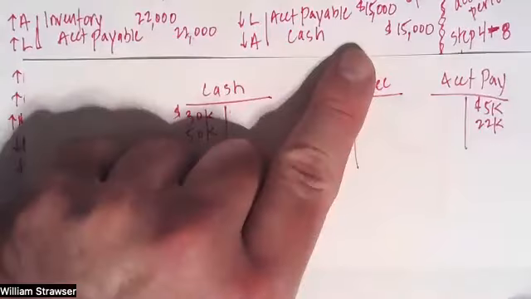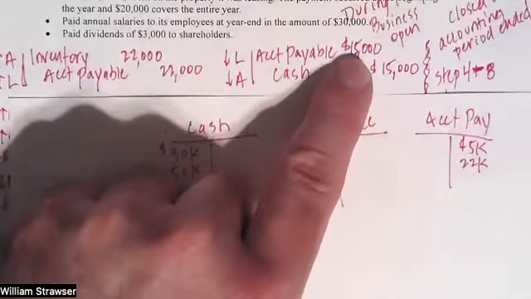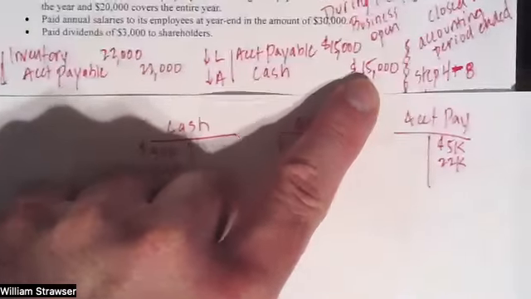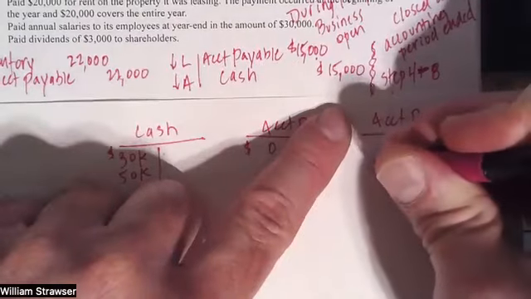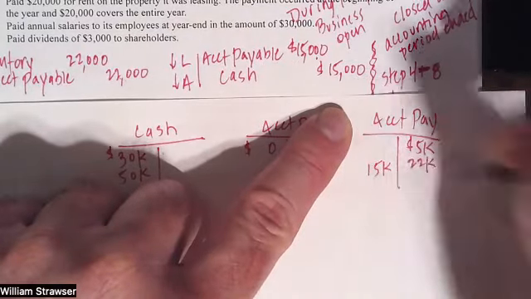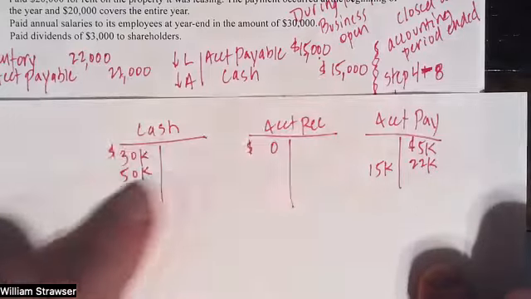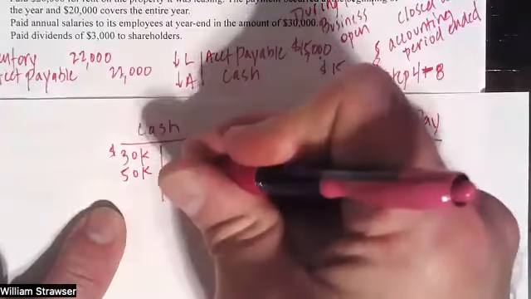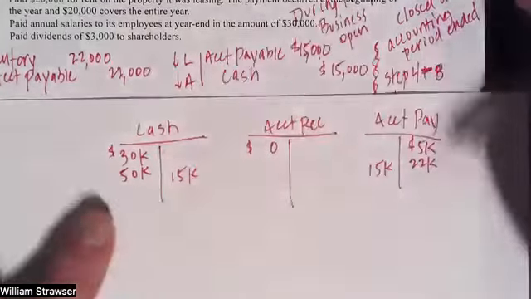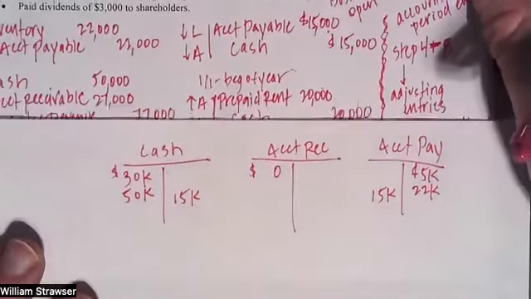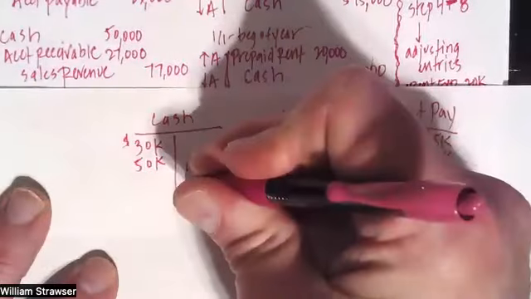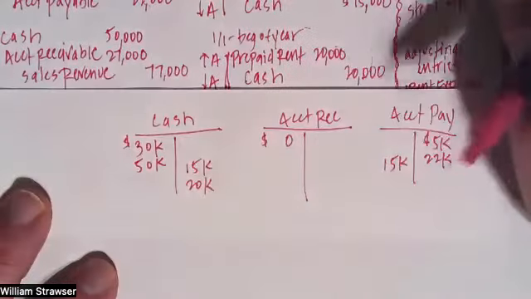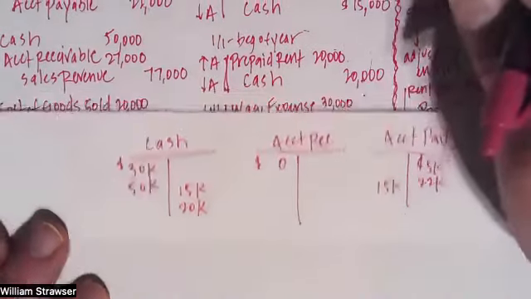Accounts payable up here, 15,000 cash. Sorry, 15,000 to the payable and credit 15,000 to cash. So yeah, it's left over here. So we put it on the left over here on this T account. It's a credit here. So we put it on the right here. That's 15,000. And another $20,000 of cash here. Prepaid rent, we're not tracking.